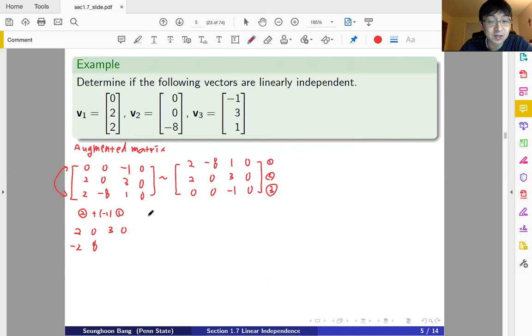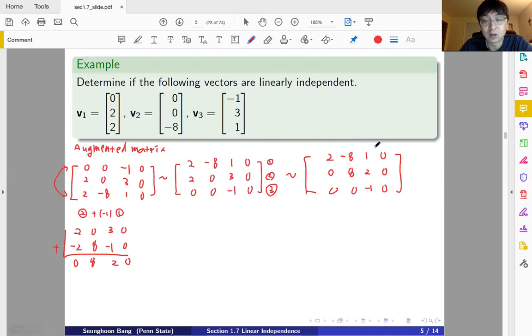The 1 times -1 is -1, 0. So add: 0, 8, 2, 0. The first row is 2, -8, 1, 0. The second row is 0, 8, 2, 0. Third row 0, 0, -1, 0.